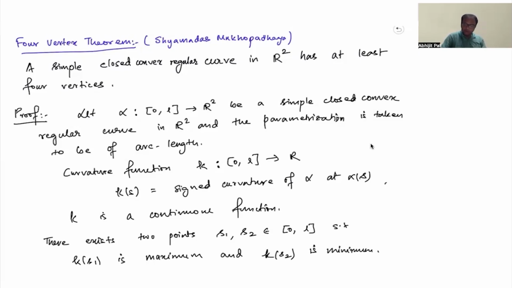So at these extremum points, this k prime will be equal to 0. So k'(s1) is equal to 0 and k'(s2) equals 0. Therefore, we have at least 2 vertices.